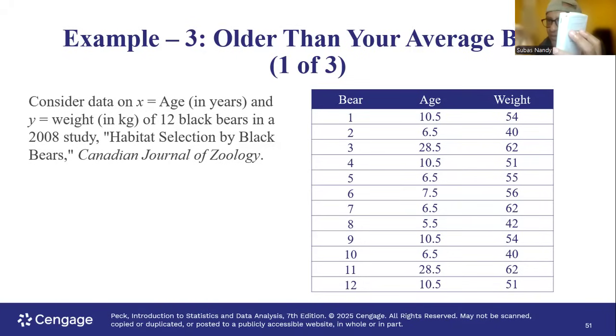It is the difference between the actual y value, which is weight, minus the corresponding predicted y value, y minus y hat. Observed y value minus the predicted y value. How will I get the predicted y value? Take the x value of 10.5, plug it in the equation, and I'll get the predicted y. So observed minus predicted is the residual.